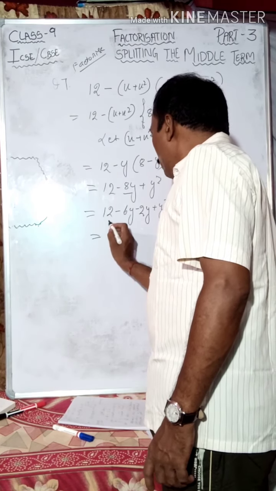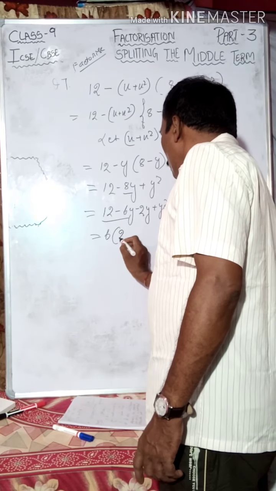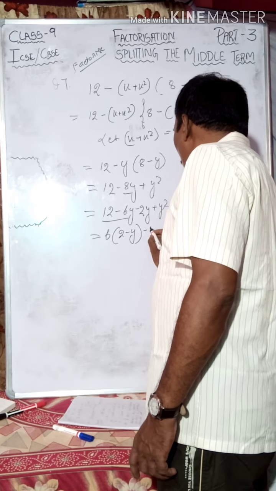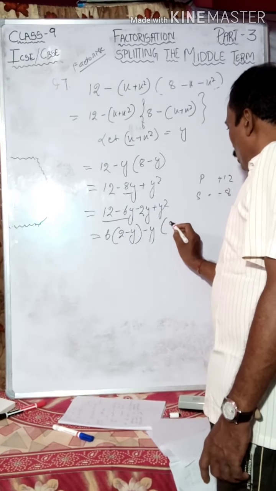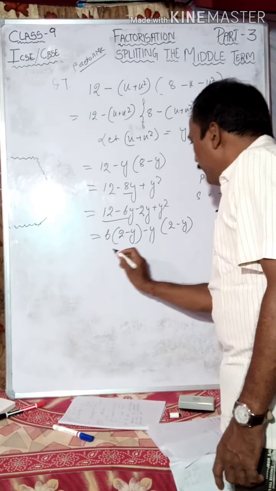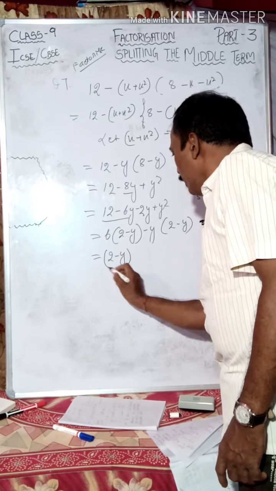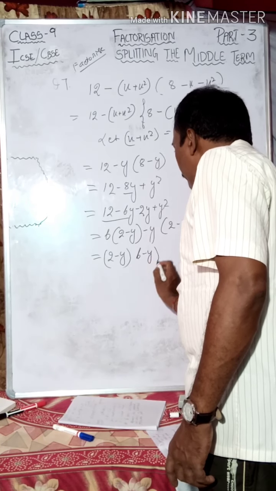That is equal to, take 6 as a common, 2 minus y. Here minus y take as common, that is equal to 2 minus y. So that is equal to 2 minus y, total common 6 minus y.